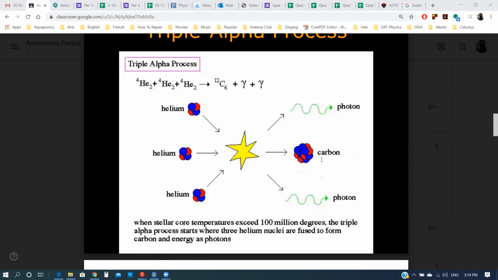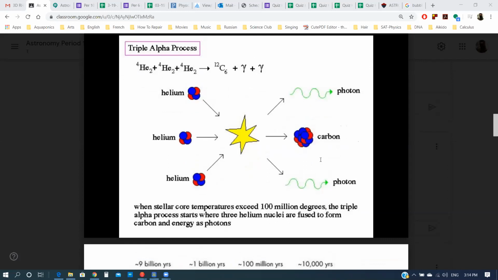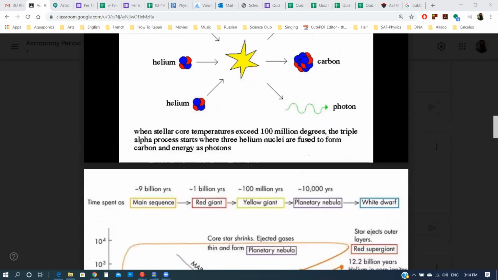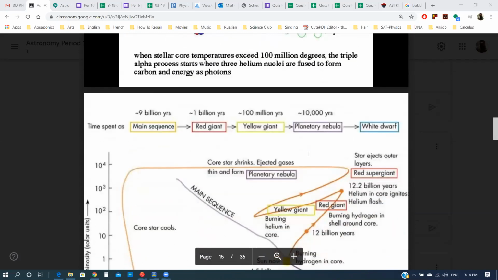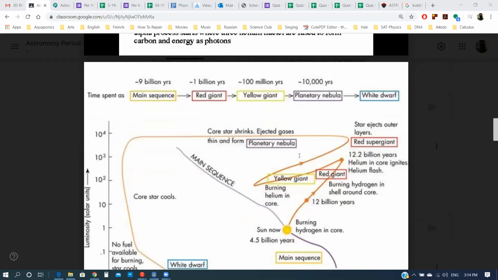This carbon becomes the product, and it accumulates in the core. The temperature is also high enough for the outer layer to fuse hydrogen into helium. So we have a double structure. The inner core fuses helium and dumps carbon into the center of the core. The outer core fuses hydrogen and dumps helium into the inner core, providing it with helium for the fusion reaction.